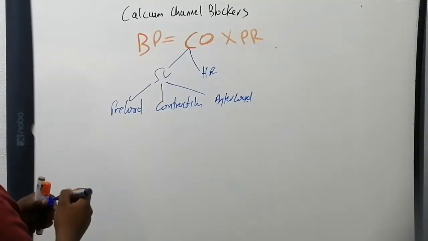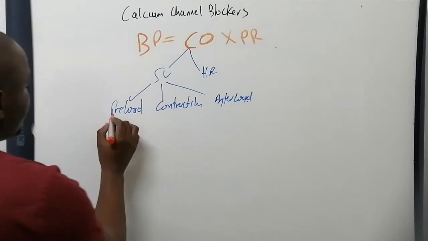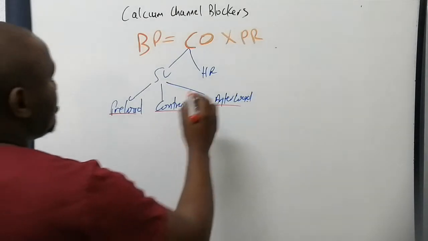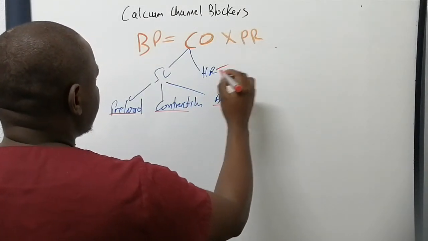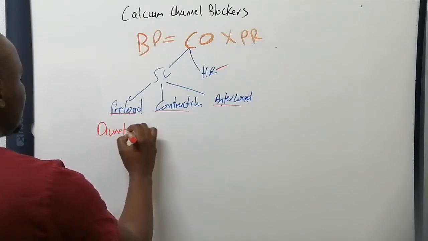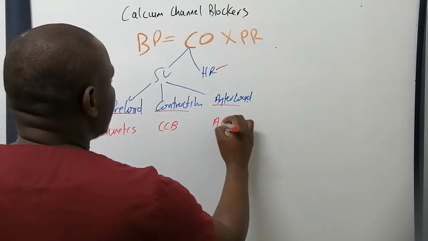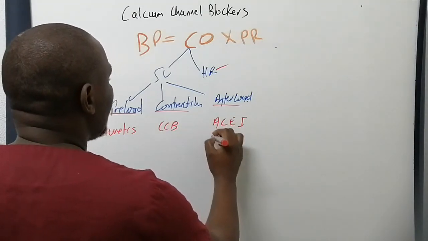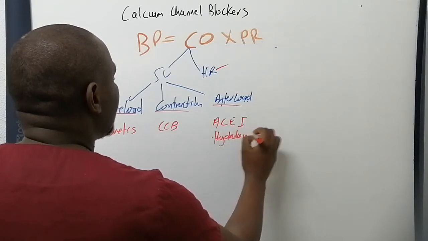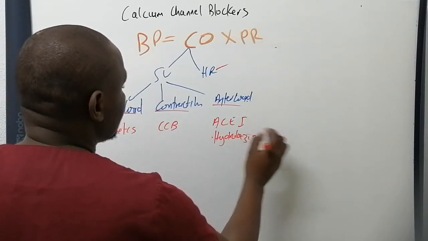And I did mention the classes of drugs that we can use on each of these. And we did speak about diuretics here, calcium channel blockers, ACE inhibitors, and also hydralazine can be used, because hydralazine is a vasodilator.